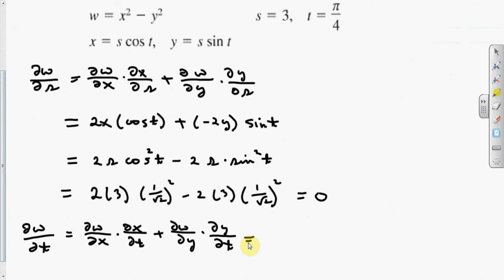So the partial of w with respect to x, again, that's 2x, times the partial of x with respect to t, that becomes negative s sine t. And then this is plus the partial of w with respect to y, that's minus 2y, times the partial of y with respect to t. That becomes s times cosine t.